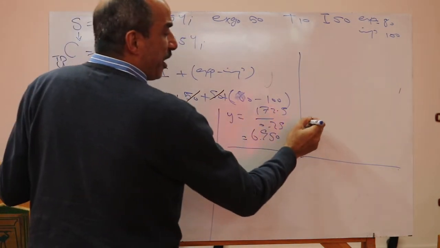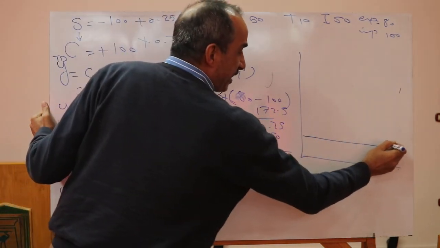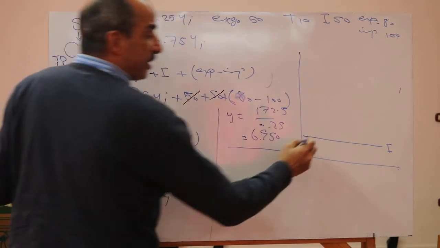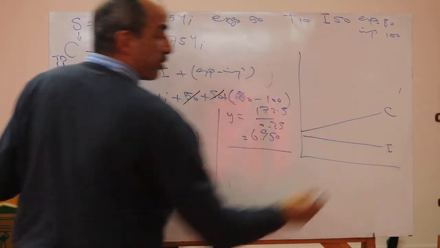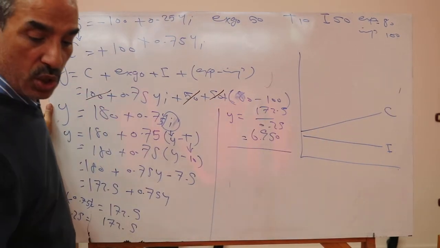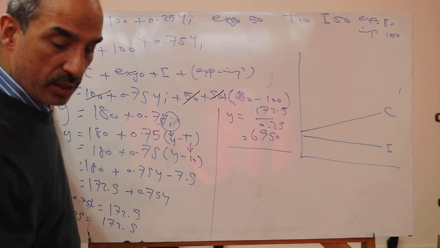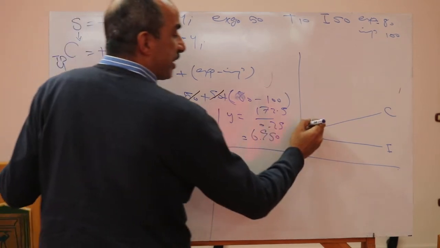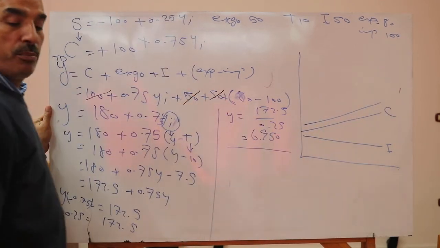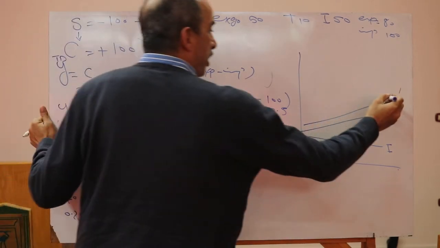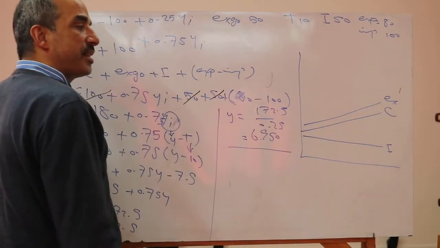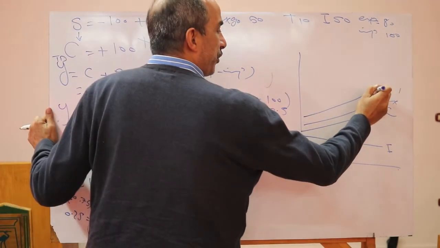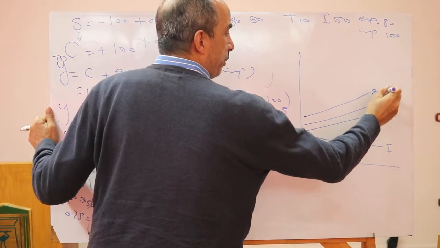graph by graph? This is an investment function, and this is consumption function, and this is expenditure government function, and this is net export minus import.